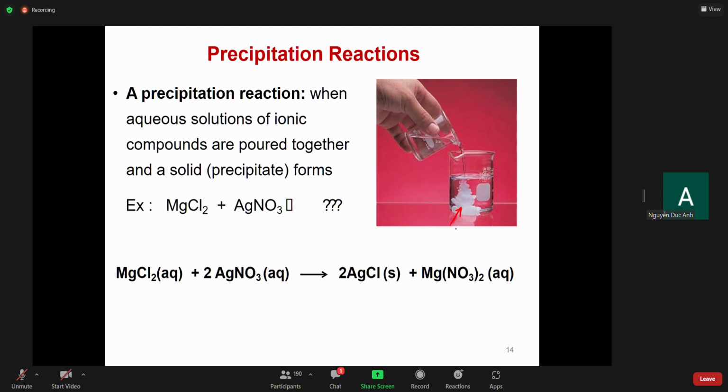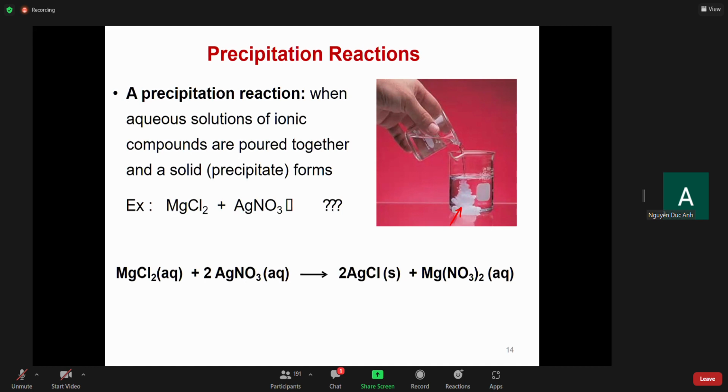In that reaction, some new material cannot stay dissolved in the solution anymore and moves out as a solid, normally a crystal, especially for ionic compounds.